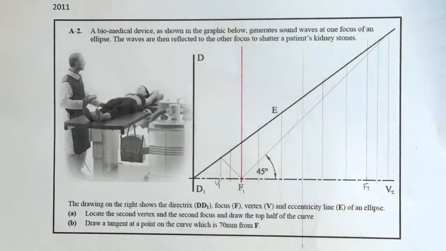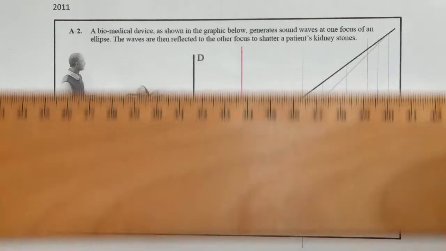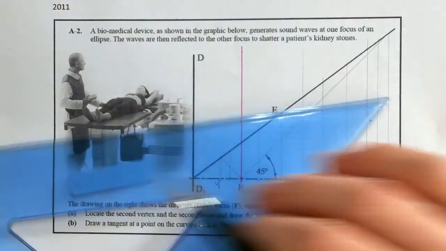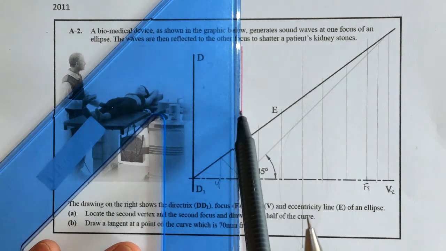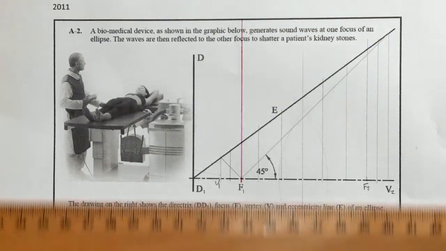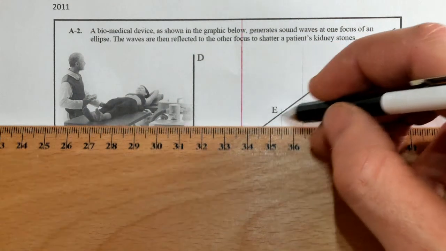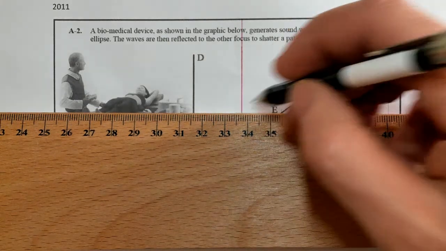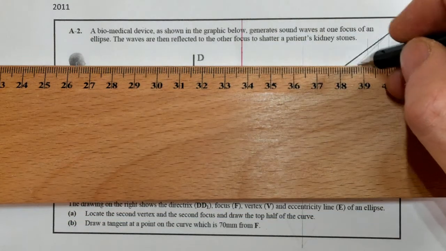My next step, I need to extend my latus rectum up slightly, is to bring where each of those ordinates intersect the line of eccentricity, bring them across or parallel to the axis.